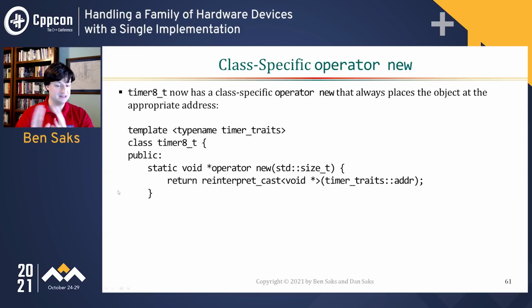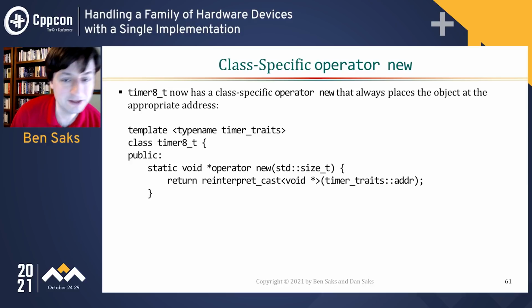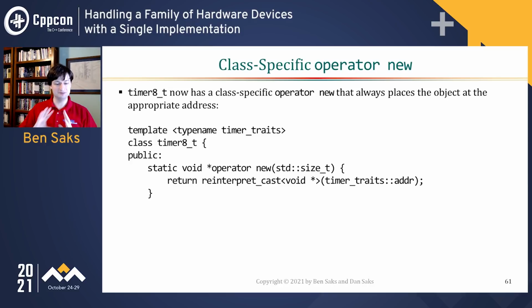So it's not actually doing dynamic memory allocation. But I understand if some people say, yeah, but it's still the keyword new, and I don't want to touch that with a 10-foot pole. It's just easier for me to not use new than to tell people why this use of new is okay. That's fine.